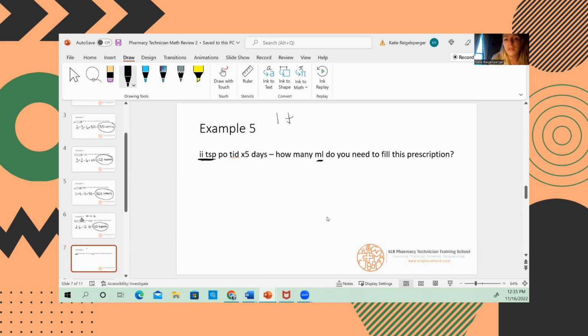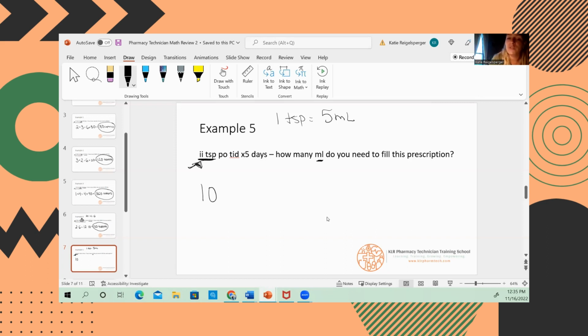1 teaspoon equals how many milliliters? 5 milliliters. So 2 teaspoons would equal how many milliliters? 10. How many milliliters do we take each time? That's our question. You can say to yourself, how many teaspoons do you take each time? You still have to move that to milliliters. We take 2 teaspoons each time, which is the same thing as 10 milliliters.